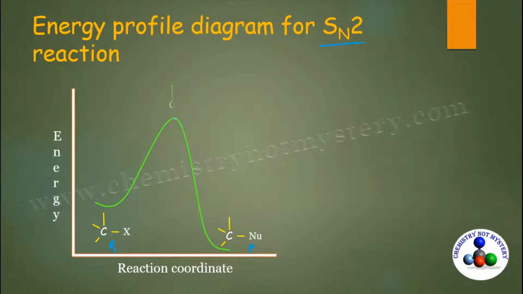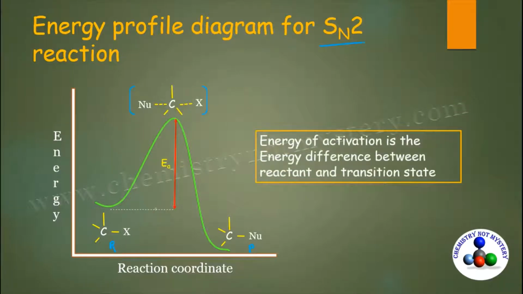This peak represents the transition state because the transition state always has the highest energy. Now, when you compare the energy between reactant and transition state, this energy difference is the activation energy. And whatever factor lowers this activation energy will facilitate SN2 reaction mechanism.